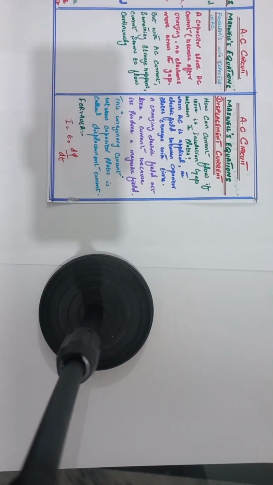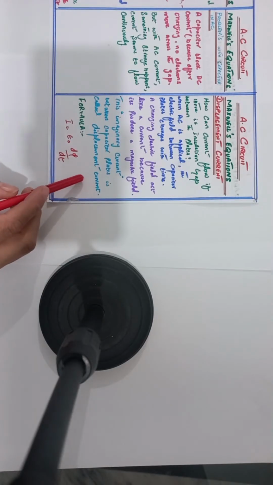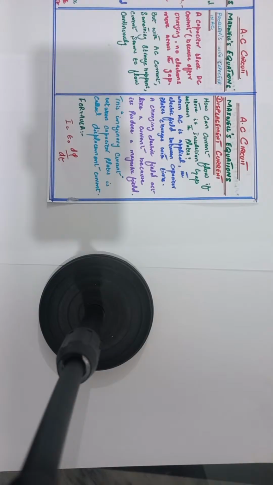That is the imaginary current flowing in the capacitor plates, and it is called the displacement current. Due to the displacement current, current flows continuously in the capacitor plate. It does not stop.